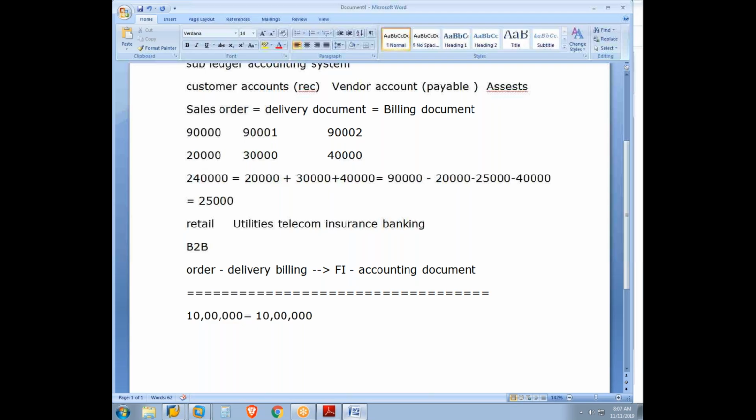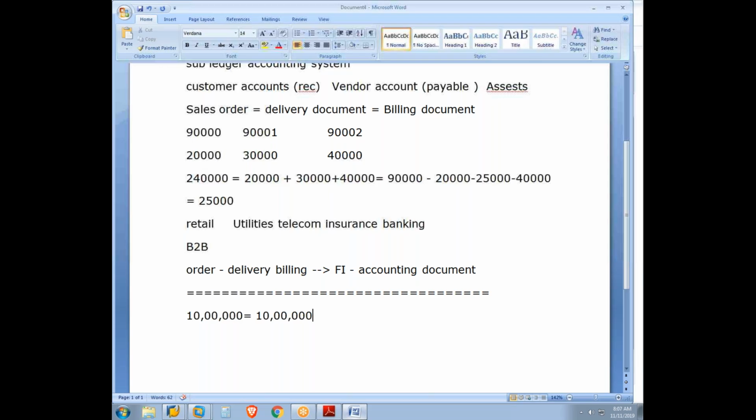That means you're doing everything in the background. It has to determine the GL accounts and then post to financial accounting, accounting document posted. It's going to be very time consuming, and you are pumping too much data into financial accounting. So this is a problem in some industry-specific businesses like insurance, telecom, utilities.